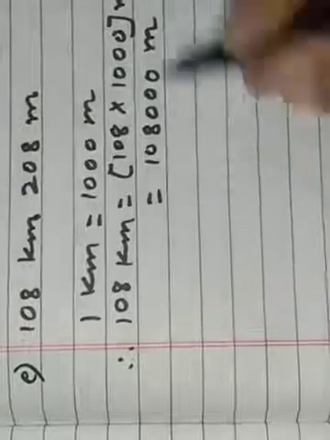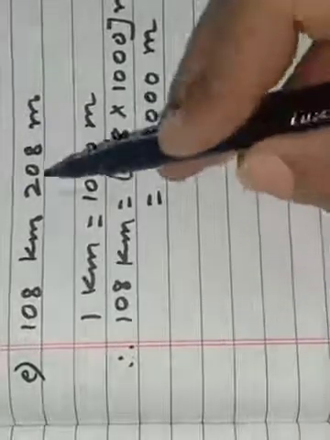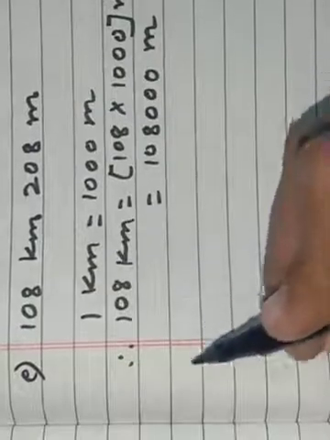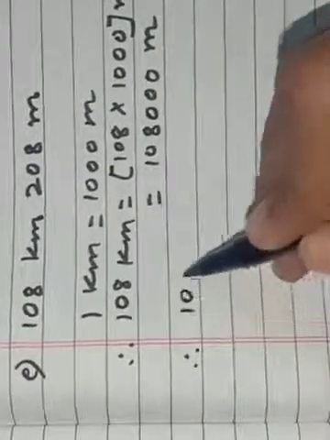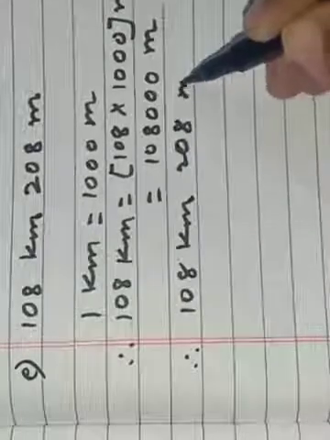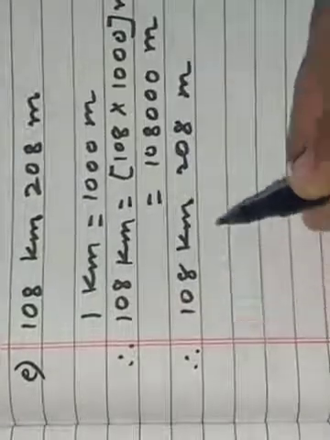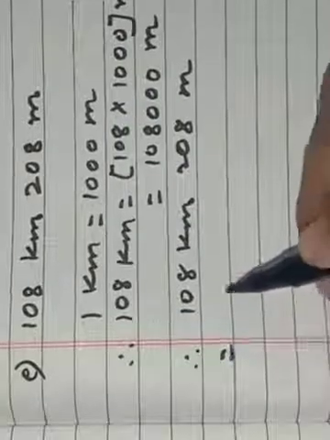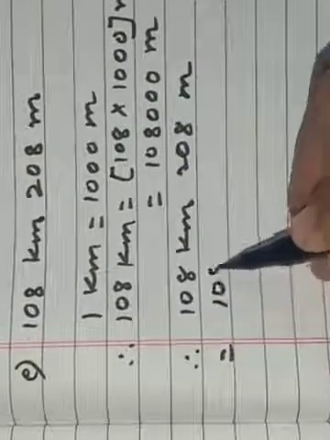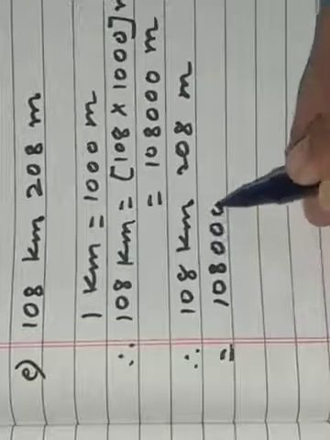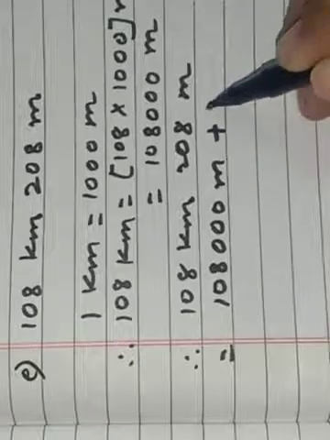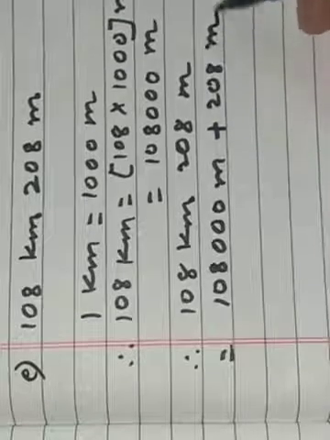Okay. After this we have to add this meter. So therefore 108 kilometer and 208 meter is equal to 108,000 meter, and we have to add this 208 meter.